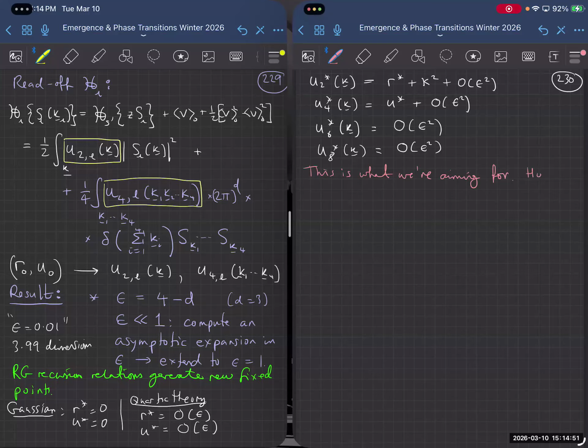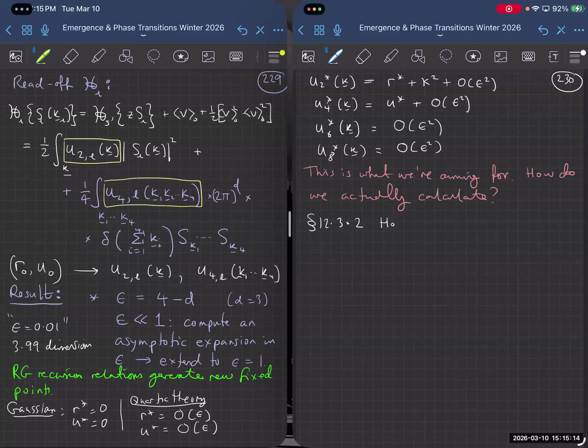So how do we do the calculation? This is now section 12.3.2.